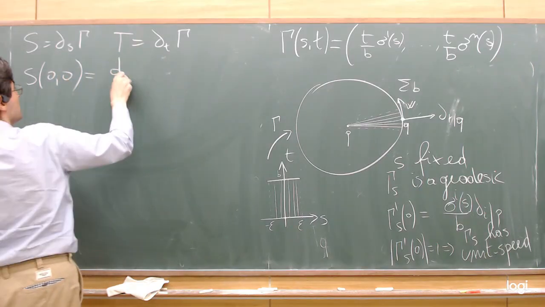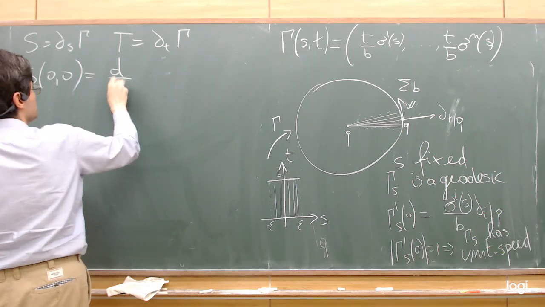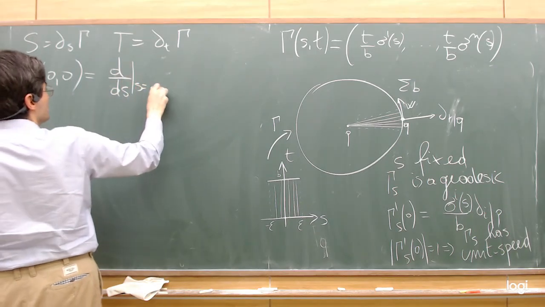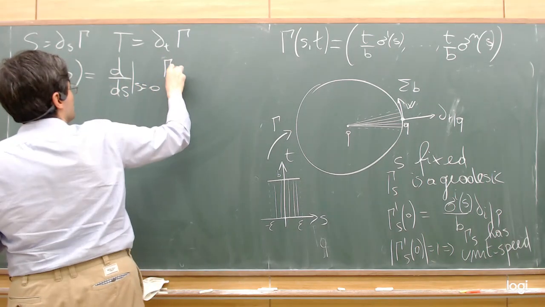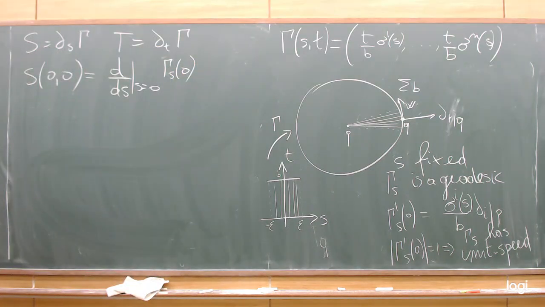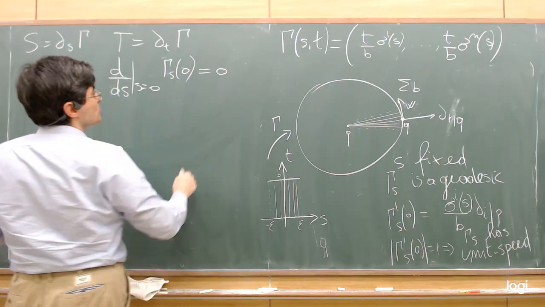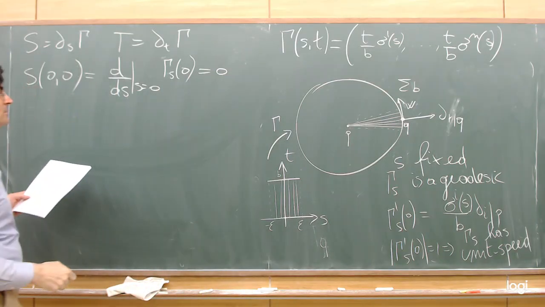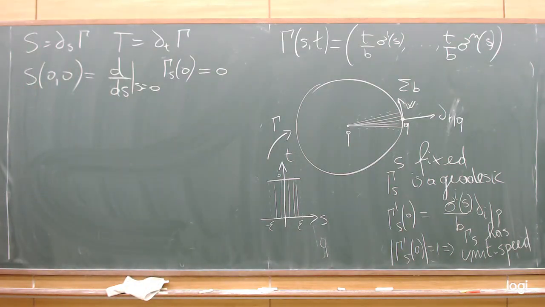This is d/ds at s equals 0 of gamma s 0. This is 0 because gamma s at 0 is constant.